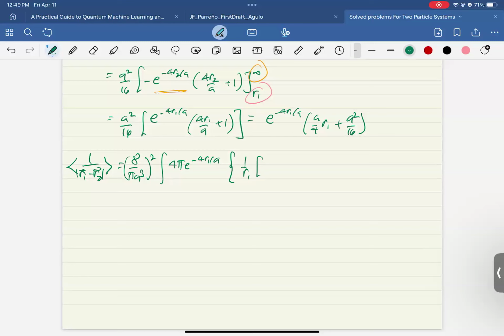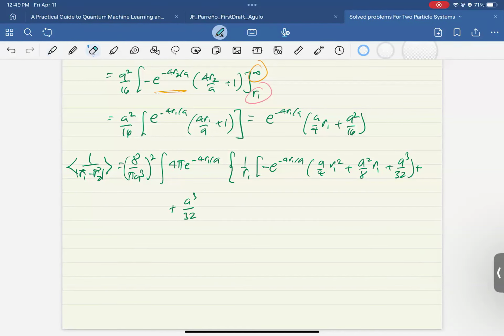Okay, ito yung first term, first integral, exponential minus 4 R1 over a over 4 R1 squared plus a squared over 8 R1 plus a cube over 32 plus a cube over 32.